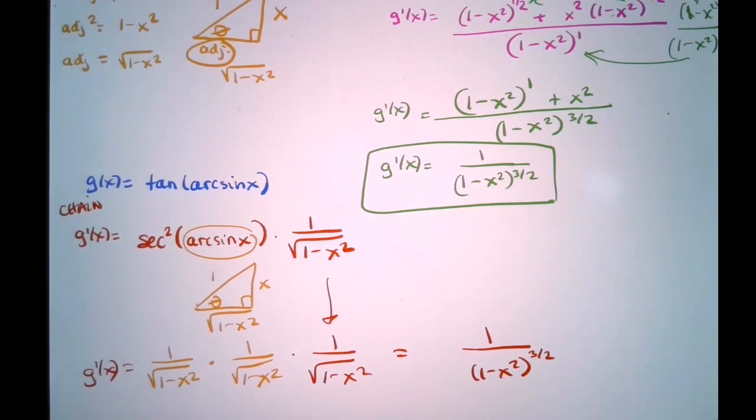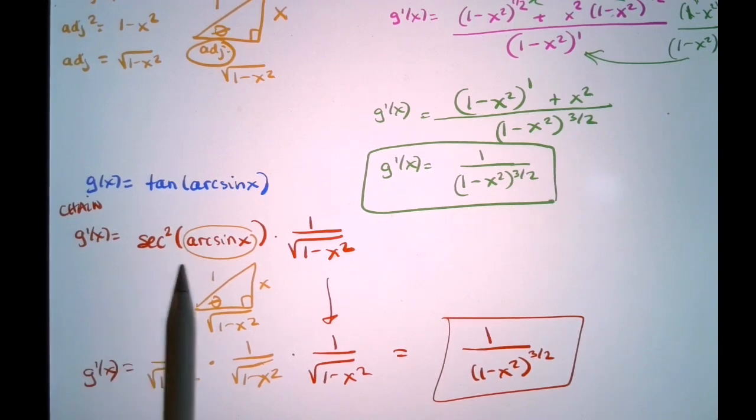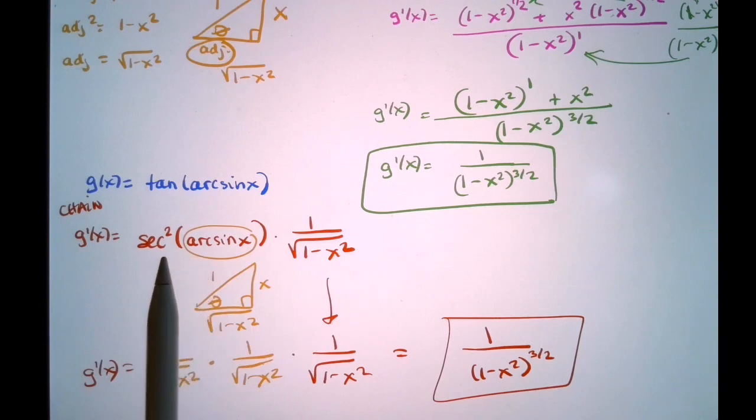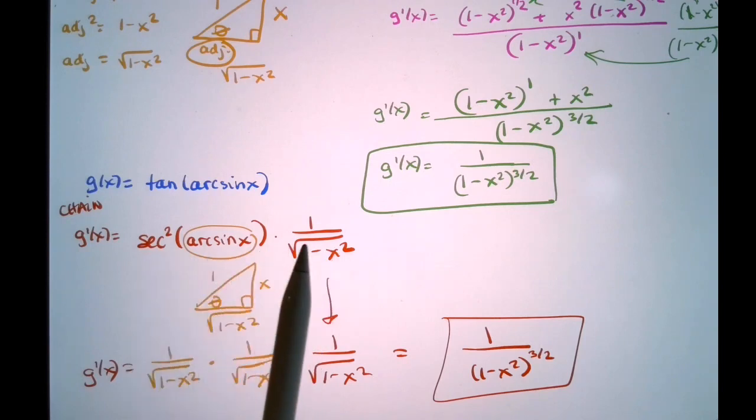You add exponents here. So that's 1 minus x squared to the 1/2 times 1 minus x squared to the 1/2 times 1 minus x squared to the 1/2. And that gives you 1 minus x squared to the 3/2. You see they're the same. It's up to you what you want to do. But it would be nice to get rid of this big hunk of mess over here of what that derivative would be.